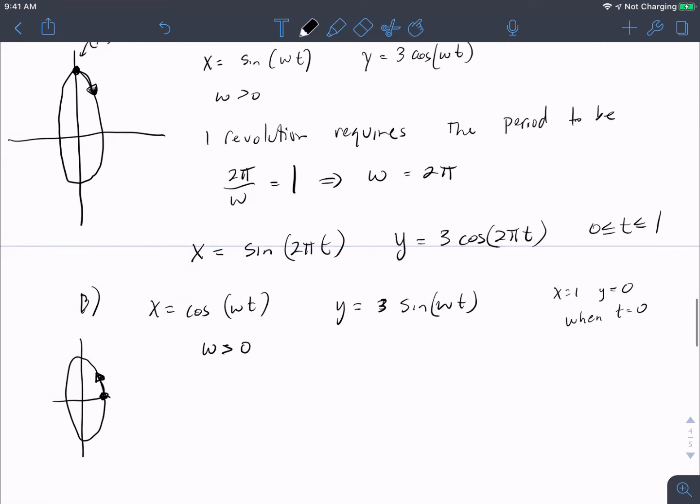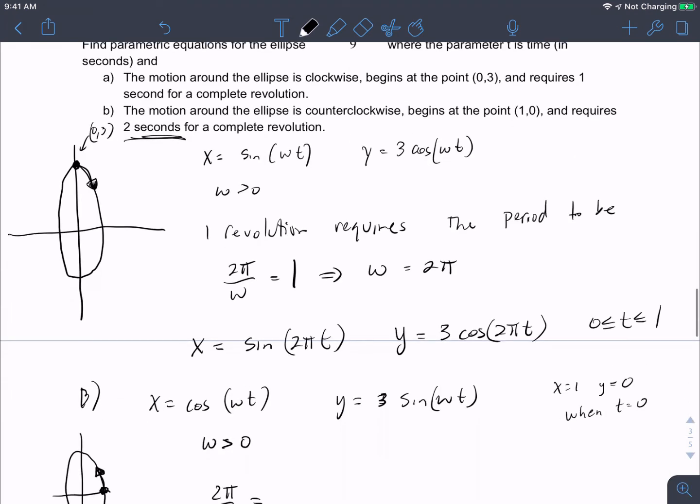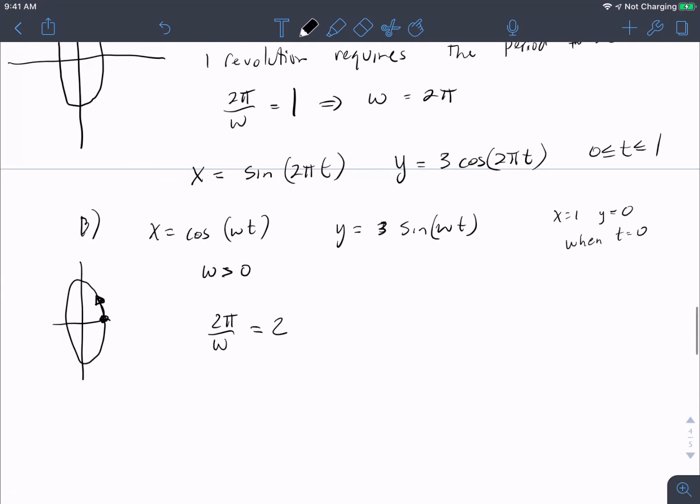Now again, the period for a revolution is 2 pi over omega. But how much time are we allowed in part B? In part B, we're allowed 2 seconds to make that revolution. So instead of it being a 1, it's going to be a 2. And so that's going to tell me that 2 pi over omega is equal to 2, so omega is equal to pi.